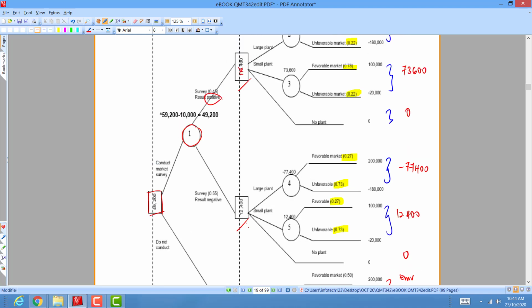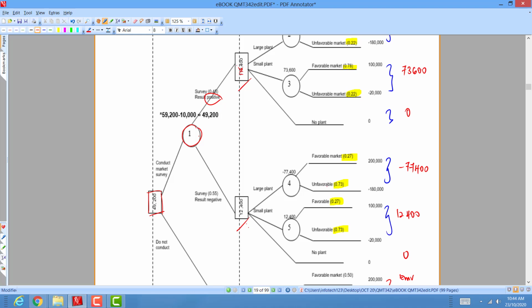Next, between 116,400 and 12,400, in order to put the value here you have to multiply with the probability value.